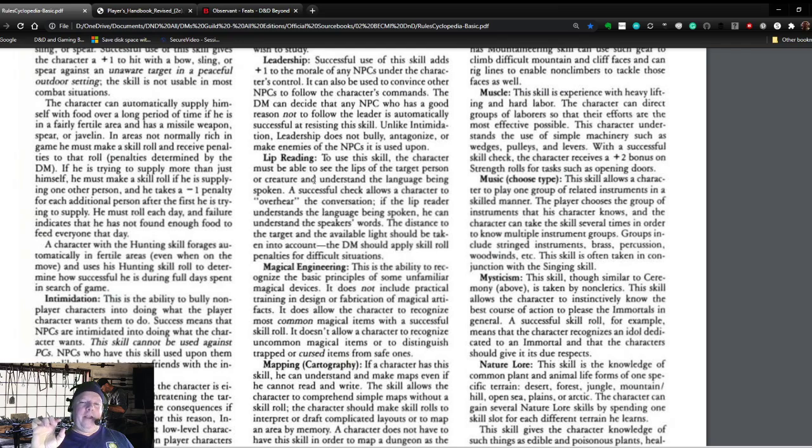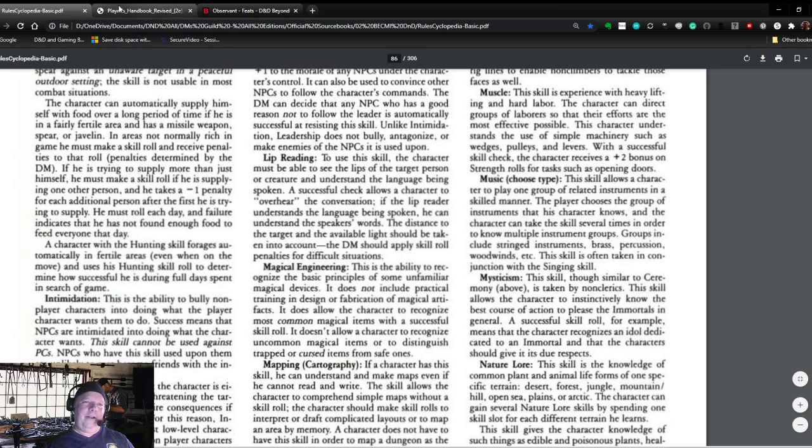If you understand the language, you can understand the speaker's words. Distance to the target and available light should be taken into account. The DM should apply skill roll penalties for difficult situations. So, yeah, it's there, and it's a very specific, very narrow use, with bonuses and penalties all up to the DM's discretion.